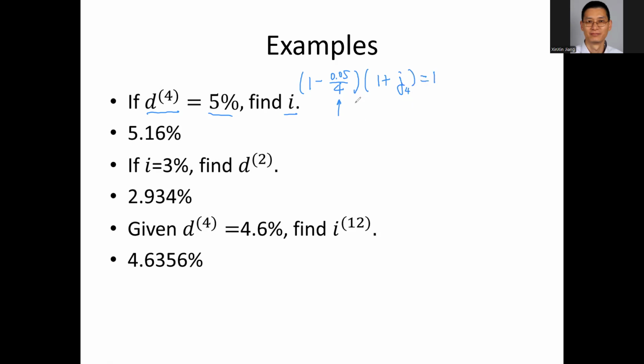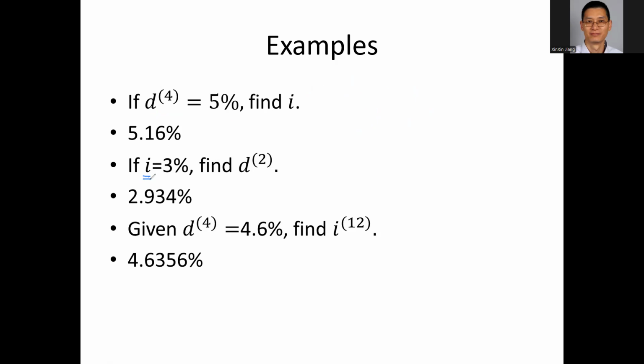So you find j4 from this equation. And then to find the annual effective rate, you use this relation: (1 plus j4) to the fourth should be equal to 1 plus i. So you will be able to find i from these two equations. I'm not going to calculate it. The answer is here, so you can check that. Let me know if I made any mistakes.